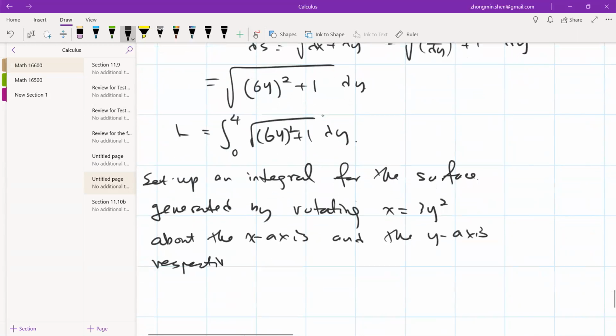So you have to set up two integrals, one for each of them. Y is still between 0 and 4.